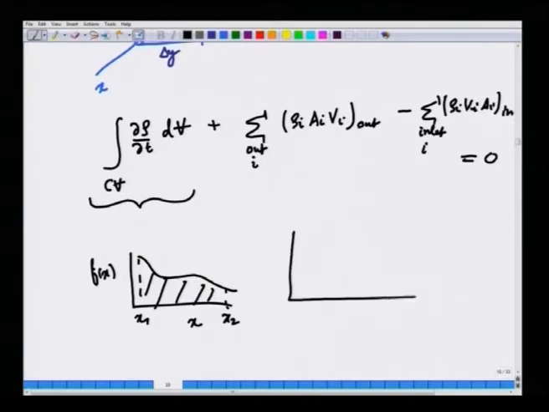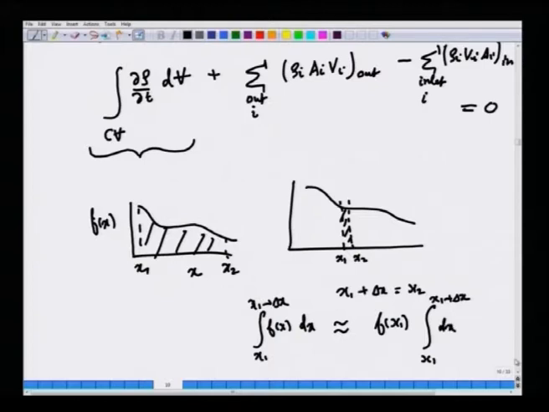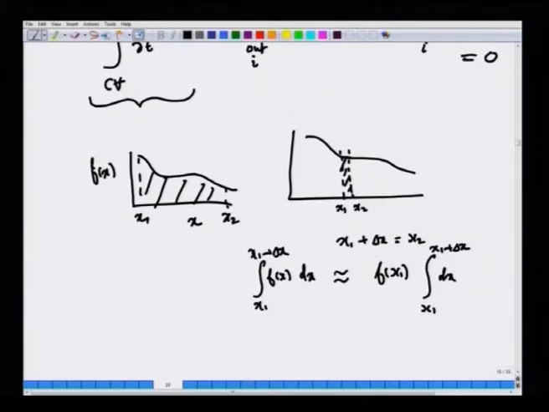Now, if I am integrating between a very tiny difference, x1 plus delta x, then to find the area under the curve, I can approximate the integral of f of x between x1 and x1 plus delta x as f of x1 times the integral from x1 to x1 plus delta x of dx. The reason is that f of x is not changing much over this tiny interval, so I can pull it out of the integral. This is simply the value of f at x1 times the integral, which is simply delta x.